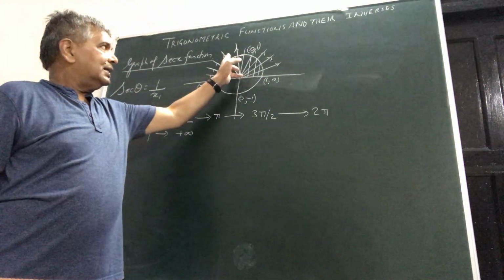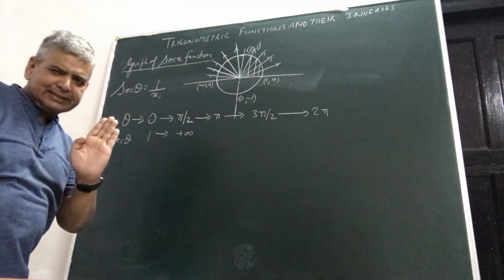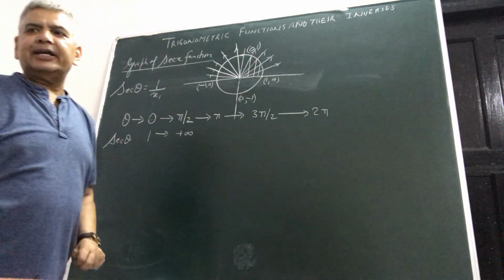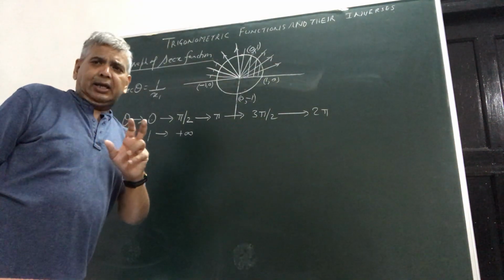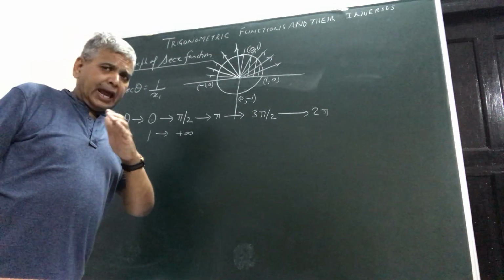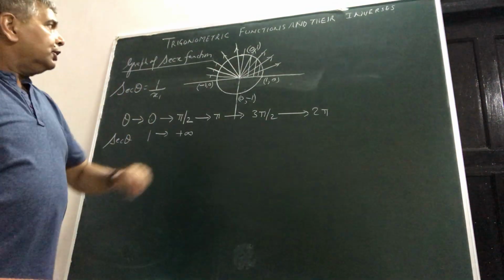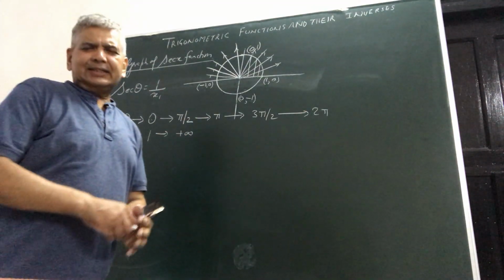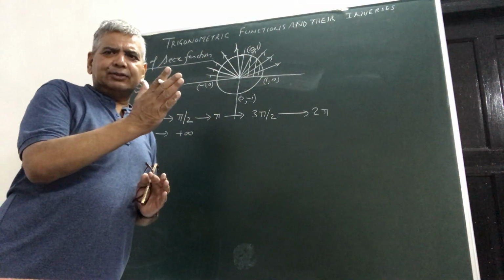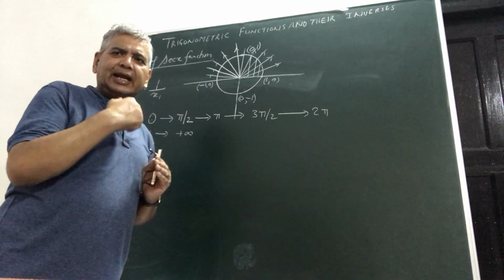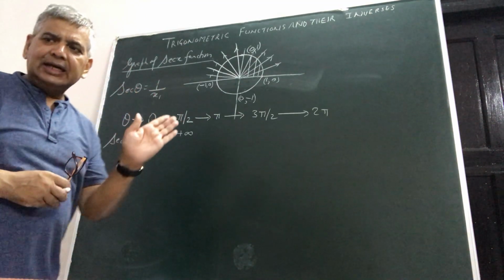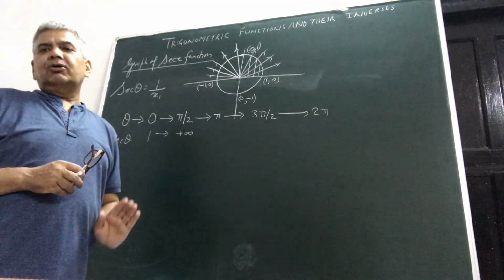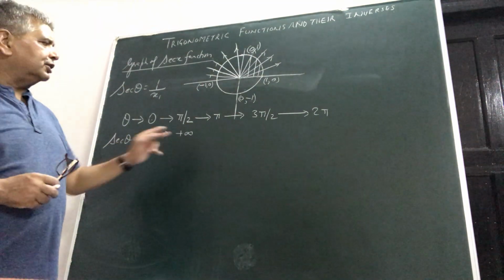But when we are on the second quadrant side, very slightly away from pi by 2, the values will become negative and will be heading towards minus infinity. So pi by 2 here is a very interesting point: slightly on the first quadrant side, values are heading towards plus infinity, and when you are on the other side, towards the second quadrant side, the values are shifting towards minus infinity.